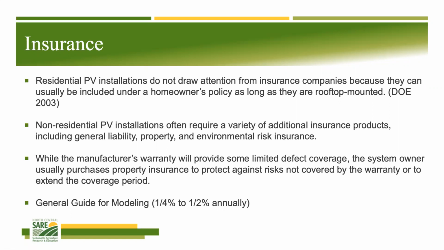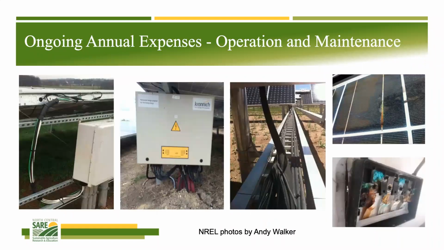He said that for class 1 coverage, they would typically look at $5 per $1,000 of coverage. So that's just another way of saying 0.5%. And that's what I would recommend as you're doing the modeling, in lieu of actually getting a quote, is to give yourself some type of an annual cost allocation for insurance.